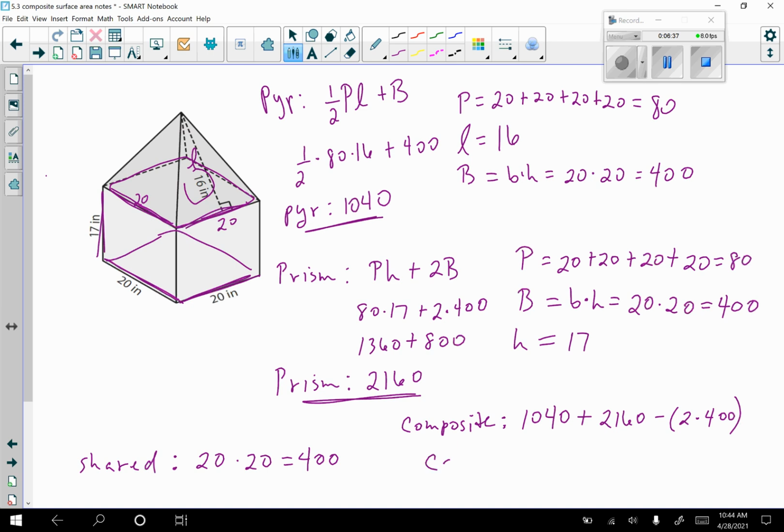So your composite area, all right, so 1,040 minus that is going to be 2,400 inches squared. All right, so there we go.